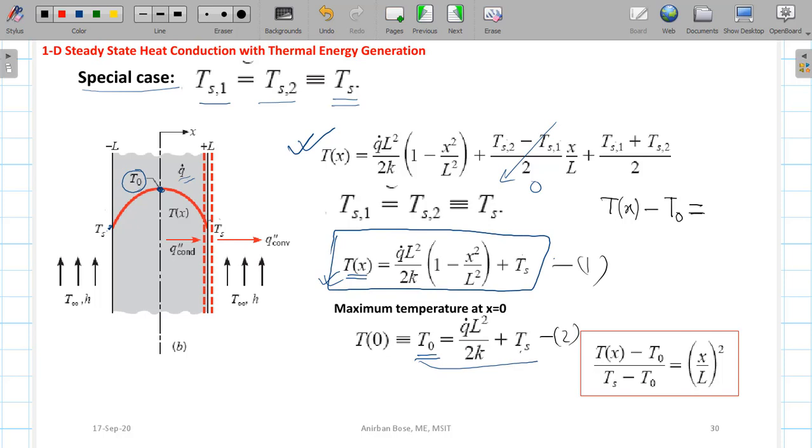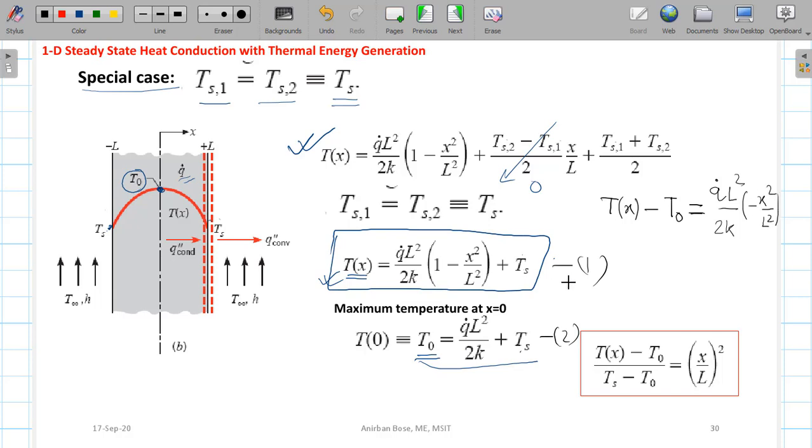Ts will cancel, it is clear, Ts will cancel, and what will remain is that Q dot L square divided by 2K, into minus of x square by L square.